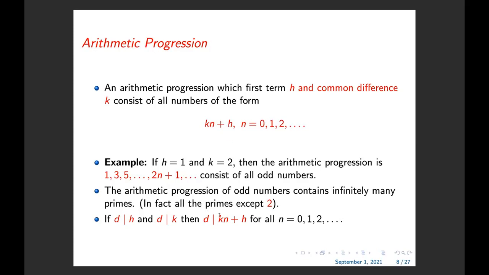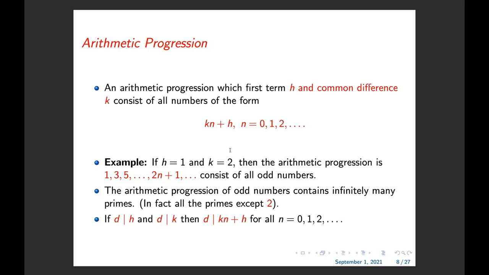So what is the criteria? How can we say that an arithmetic progression contains infinitely many primes? Of course, one case we have to rule out: if the GCD is greater than 1, then that arithmetic progression doesn't contain infinitely many primes.